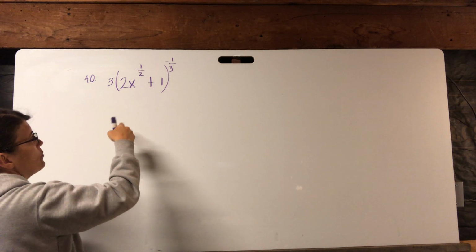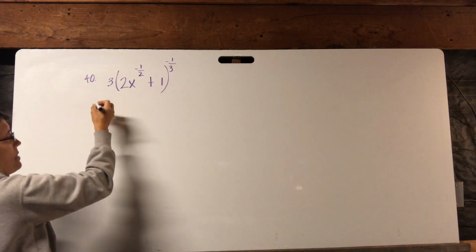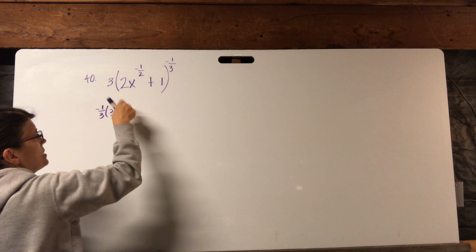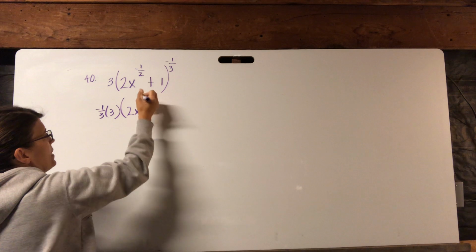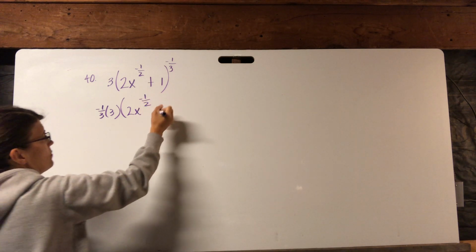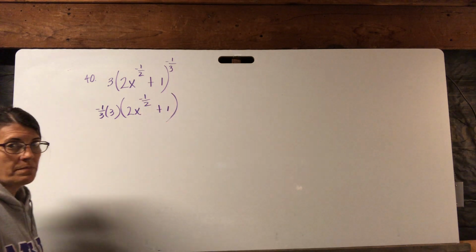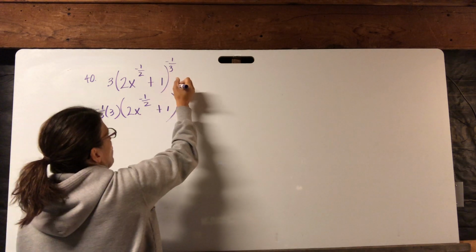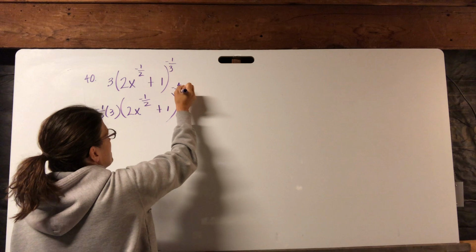Okay, chain rule. -1/3 times 3 times the base, which is 2x to the -1/2 plus 1. Decrease the power by 1, so that's -4/3.